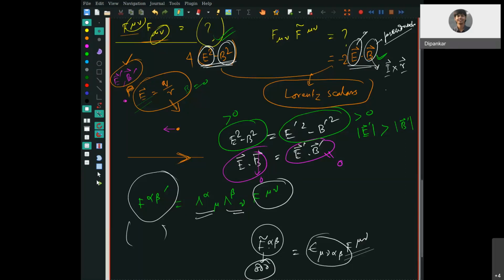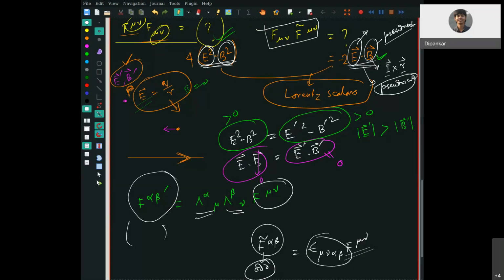If you change your axes, then it changes. So this is a proper vector and that is a pseudo vector. So the dot product between these two should be a pseudo scalar. Okay. So this gives me a pseudo scalar.